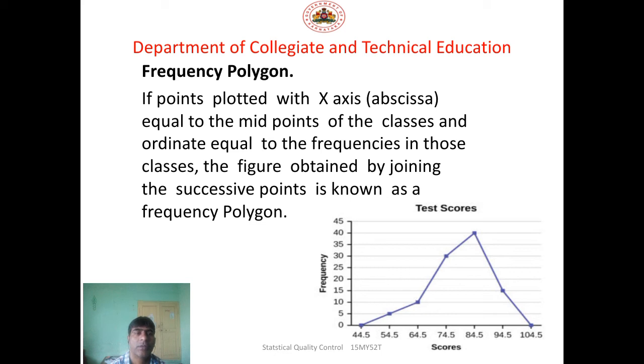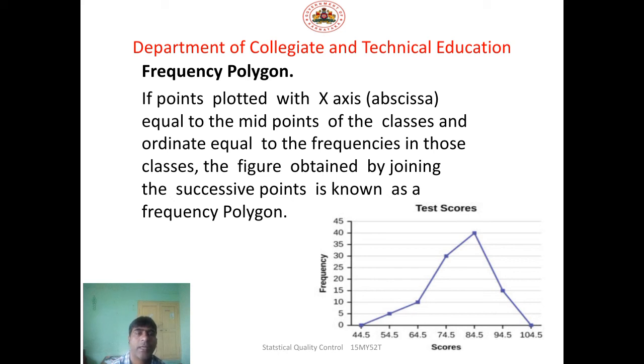So students, here also same, we are taking the class interval along the x-axis and the frequency along the y-axis. So here we are marking the points. See students, here in frequency polygon we are marking the point at the midpoint, and the height of that point will be equal to the frequency.